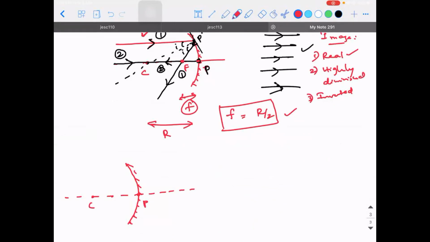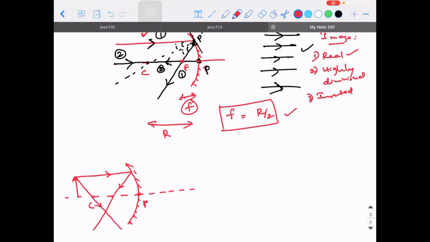When the object is at infinity, you're going to get the image at focus. After infinity, what is the next point? It is beyond C. So when it is beyond C, what will happen? If you take a ray parallel to the principal axis, after reflection it should pass through the focus. Then what will be the other ray that you can consider? The one passing through the center of curvature. You can take the ray through the center of curvature.